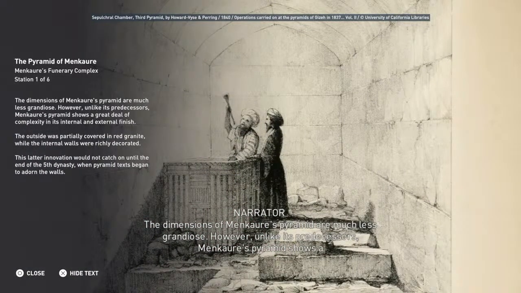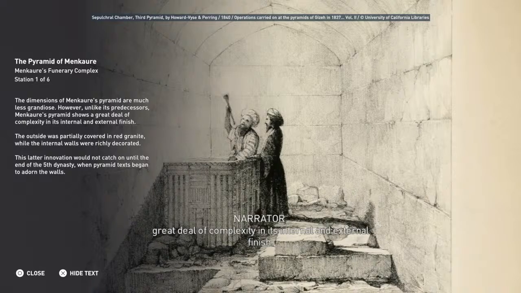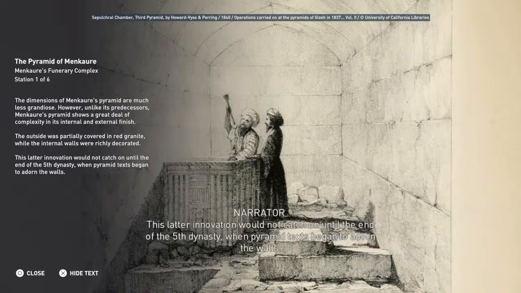However, unlike its predecessors, Menkaura's pyramid shows a great deal of complexity in its internal and external finish. The outside was partially covered in red granite, while the internal walls were richly decorated. This latter innovation would not catch on until the end of the 5th dynasty, when pyramid texts began to adorn the walls.